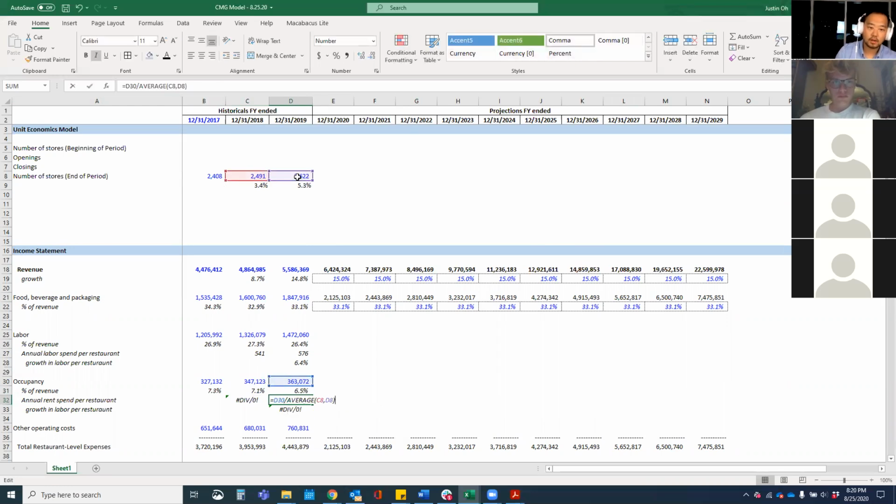A lot more guesswork, educated guesswork, in public market investing. Because if you got this in a data room and you were LBOing, leveraged buyout of a private company, they give you the full rent schedule. You would see exactly what the rent was per location, and exactly what the labor costs per location are.